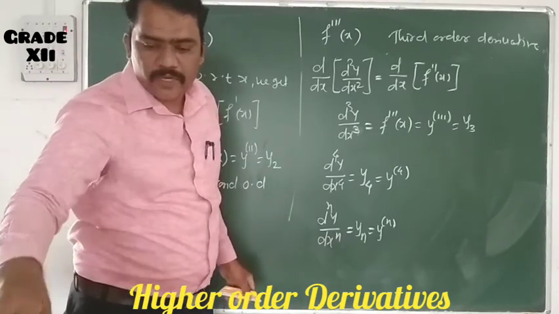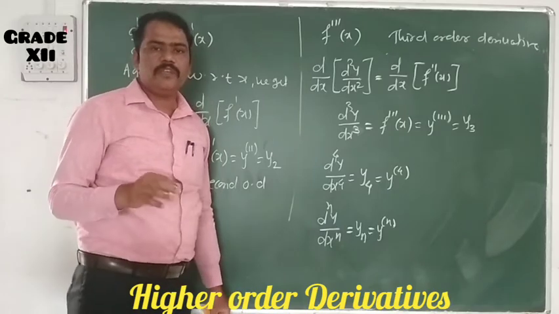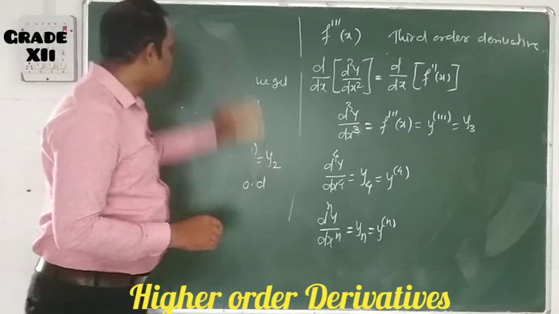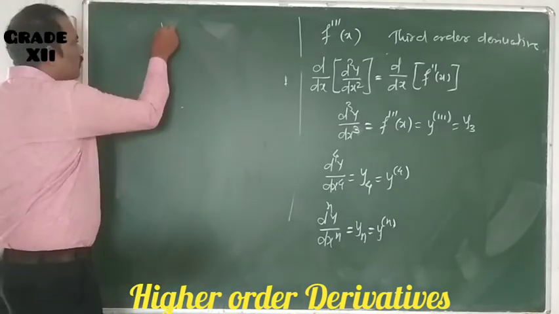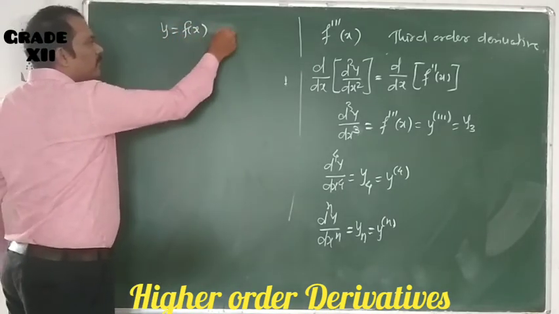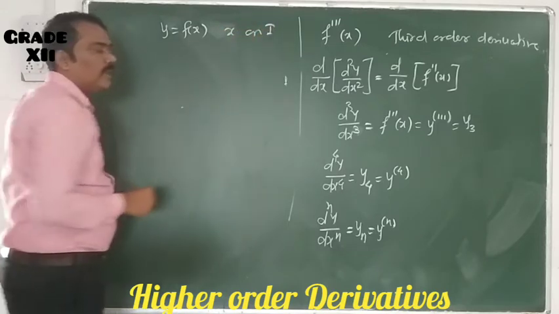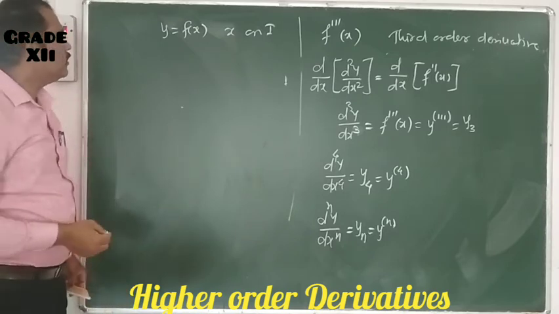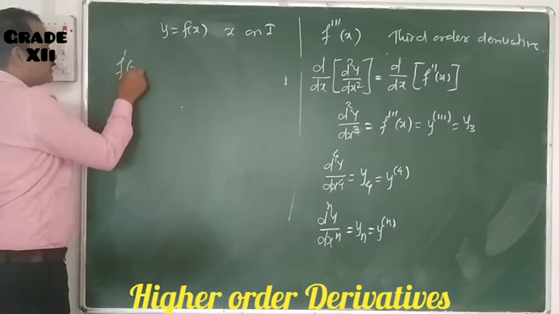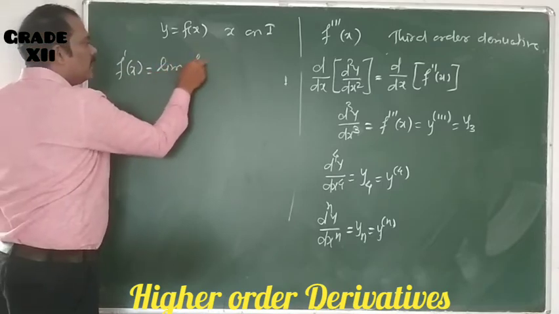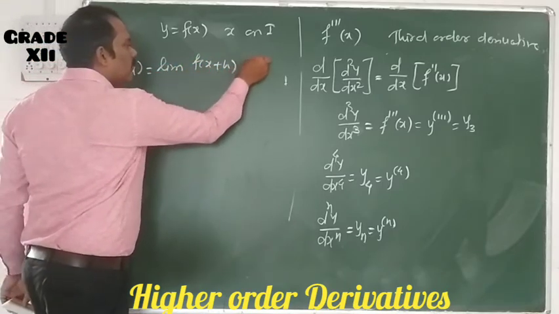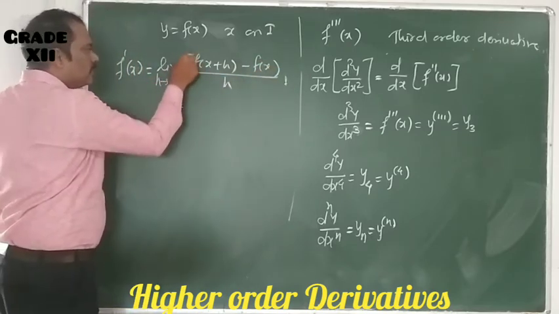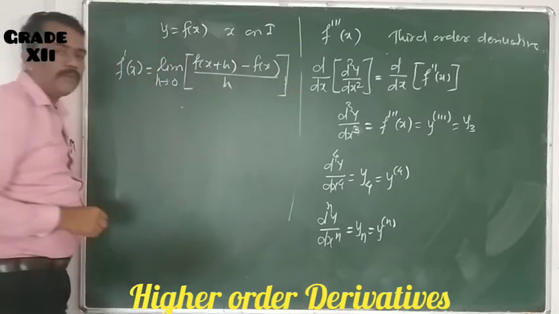If you have to use the first principle of derivative, then how to take that derivative? See here. Suppose that y is equal to f of x is a differentiable function of x on an open interval I. Then f dash of x is equal to limit as h tends to 0 of f of x plus h minus f of x divided by h, according to the first principle of derivative.